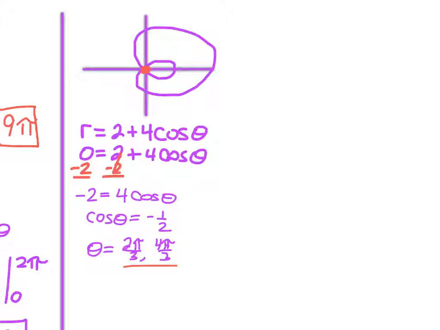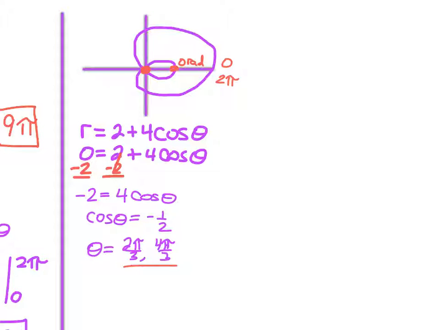I would also need to know where it's going to cross that polar axis. You could start thinking in terms of that, but I think that's pretty straightforward, because if you're just looking at the picture, if it's on the polar axis in terms of theta, that's going to happen at 0 radians, because it starts at 0 and ends at 2 pi. So here's my 0 radians.